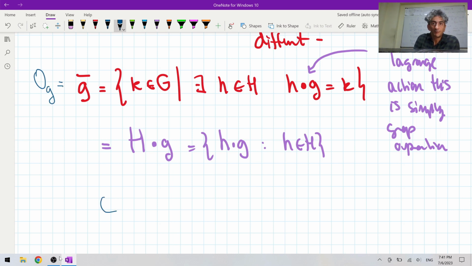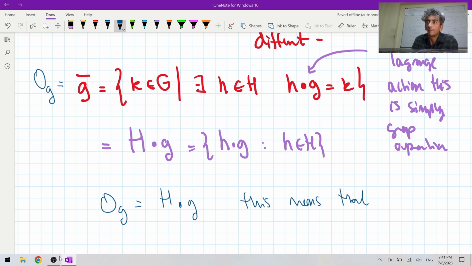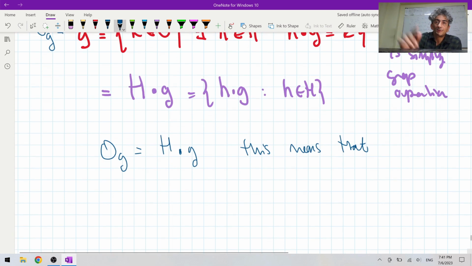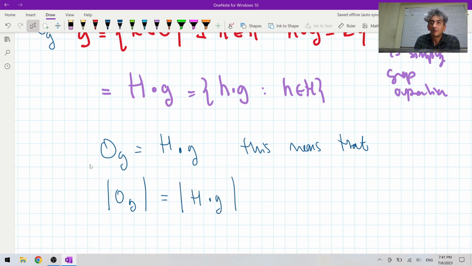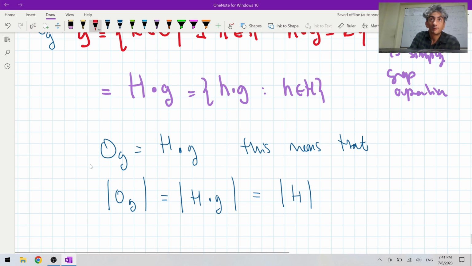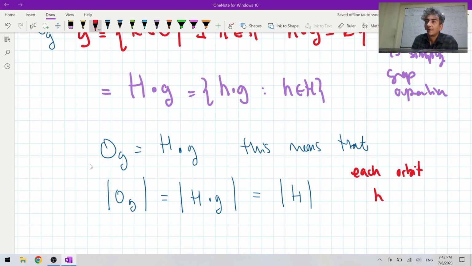The orbit of G is H times G. So the number of elements in the orbit of G is the number of elements in here, and this is actually the number of elements of H. And this is crucial. Each orbit has the number of elements of H elements.